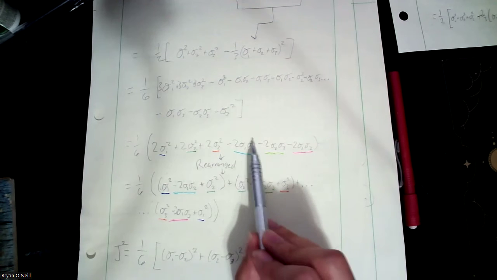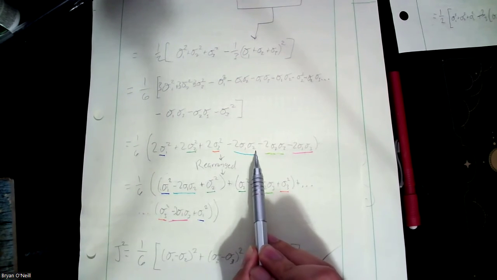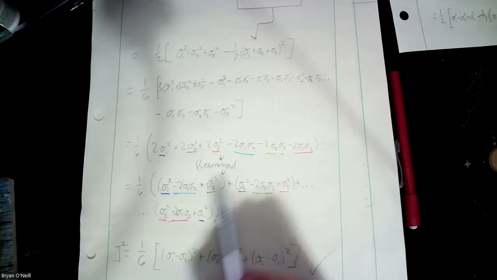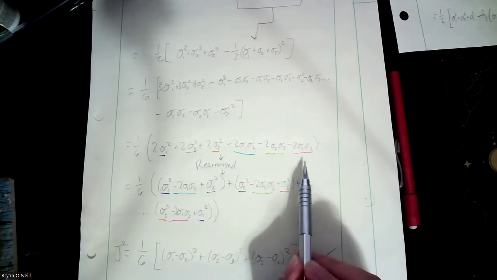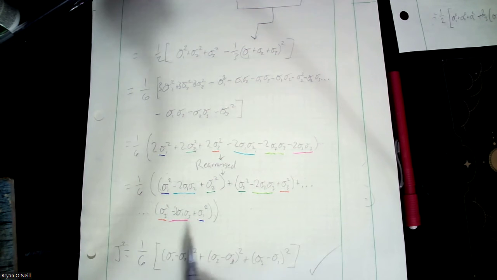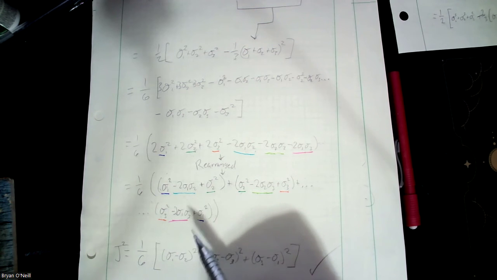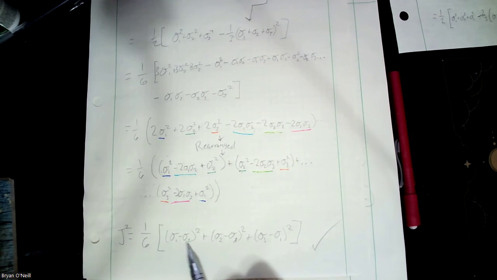Then we have these double terms, as I'm going to call them. So we have two sigma 1 sigma 2. We're going to need that, so we put it over here. We take this one, put it there, take this one, put it there. You might recognize these as the expanded forms of our final equation, which is (sigma 1 minus sigma 2) squared.